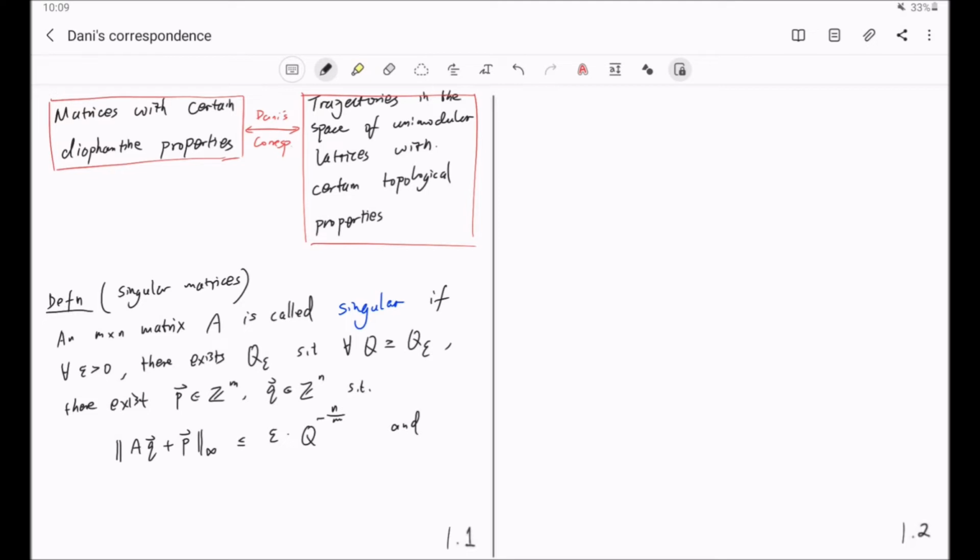And at the same time, the maximum norm of q, which is a norm in R^n, is strictly greater than 0 and less than or equal to capital Q. That is the meaning of A being a singular matrix.